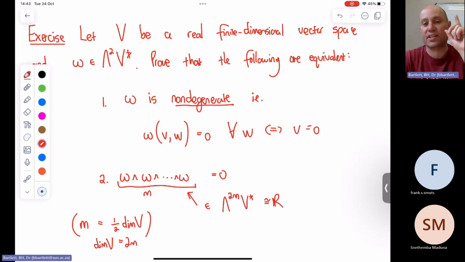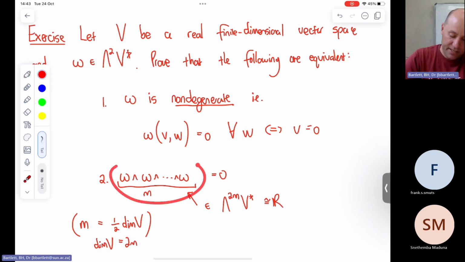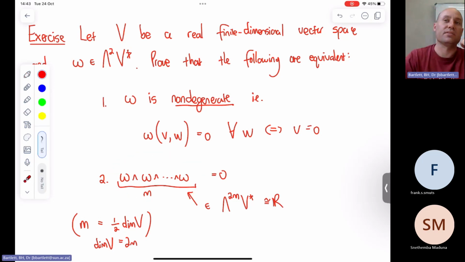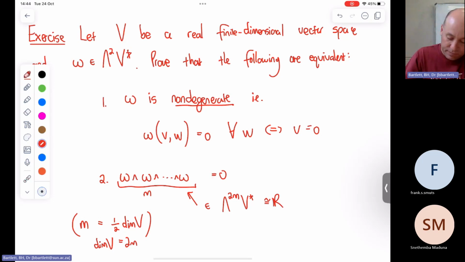The top exterior power of a vector space is one-dimensional. And this guy here is living inside that top exterior power. So it could either be 0 or it could be a non-zero element. And the claim is that it has to be non-zero. Yeah.